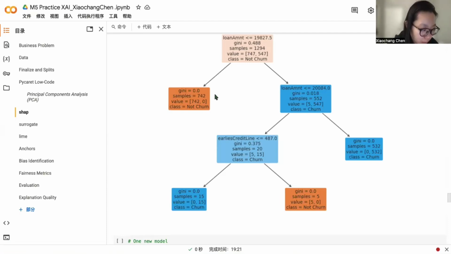The key takeaway is that if your loan amount is below 19,827, you are probably safe. And if it's above 20,000, your risk shoots up. This confirms what we saw earlier. Loan amount dominates everything else in this model. So overall, these explainability tools help us understand exactly what's driving default predictions instead of just blindly trusting the model.